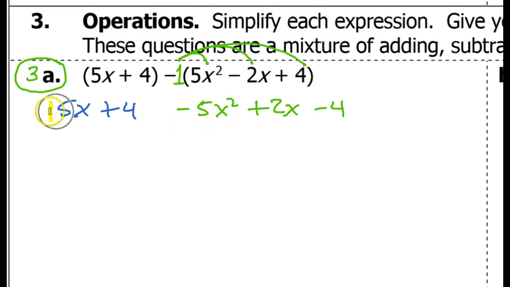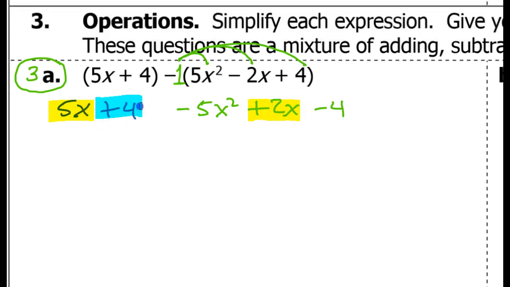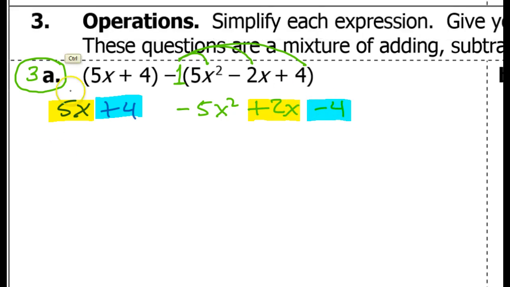So let's see. We have like terms here, and we have like terms here and here. Be careful to keep your exponents in descending order. You want the highest exponents first. So I see x squared, which had no like term. So I'm going to write that first, negative 5x squared.